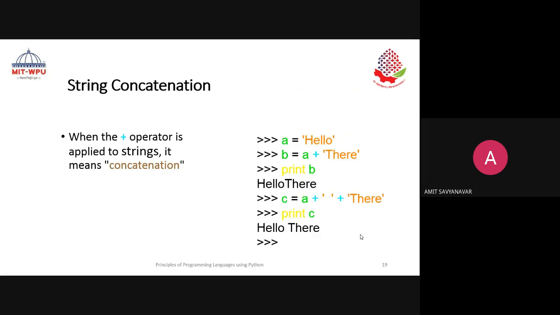You can also perform string concatenation by using the plus operator. You can have multiple plus operators to perform multiple concatenations, like you can see on the right hand side. You can also specify a space, which is concatenated with the given actual string, or plus a variable which is holding that string.